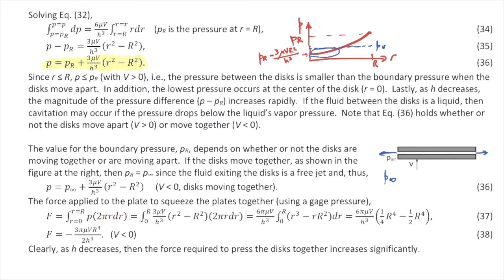Remember, these are circular disks, and looking at it from above, the little bit of area at radius r would be 2 pi r dr. The pressure is constant over that little area because the pressure is a function of radius. So it's just the circumference of that ring times the thickness of the ring, multiplied by the pressure, and that gives you the pressure force.